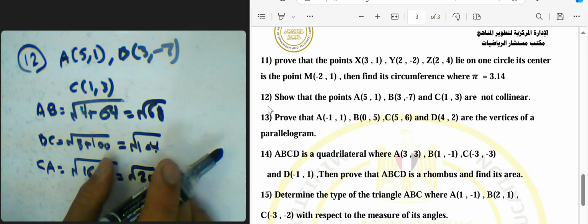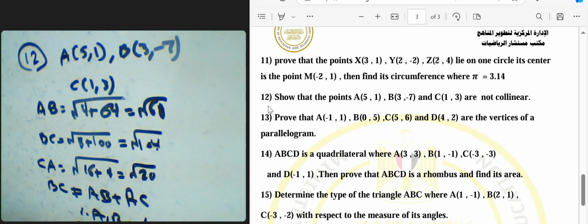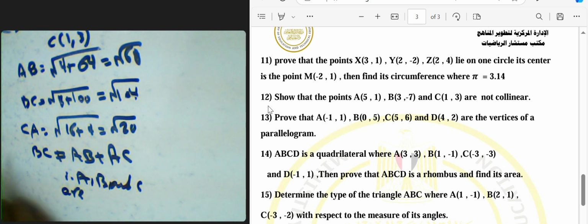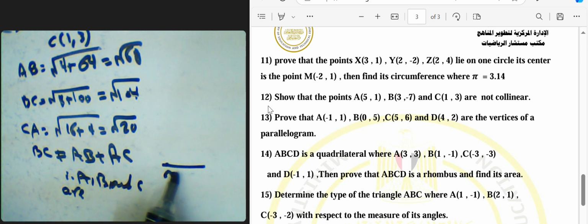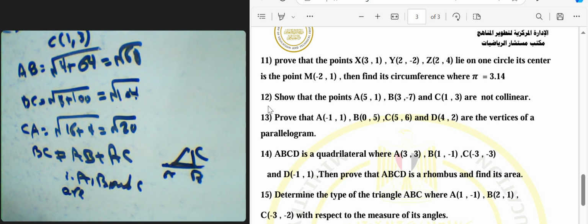Then the greatest number here, BC, is not equal to AB plus AC. Then A, B, and C are not collinear. Not collinear means they are not in the same straight line. Maybe a triangle, okay? They are not collinear.